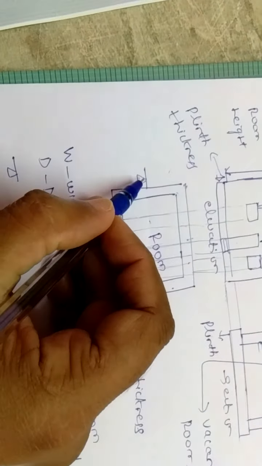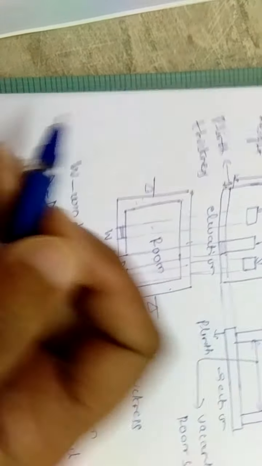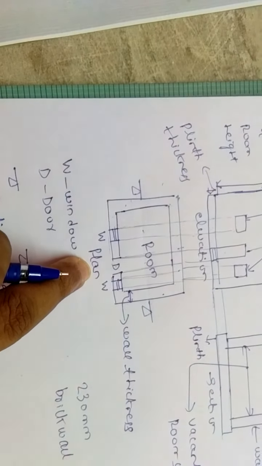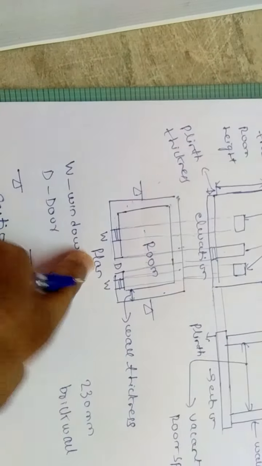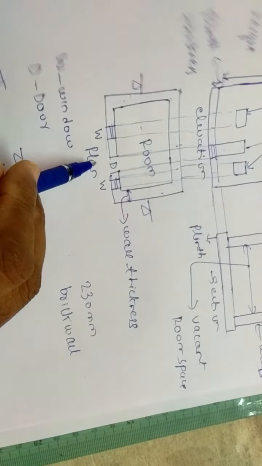Now this triangle symbol is pointing upwards. What it means is, I am standing here in front of this room, and I will imagine this height wise.